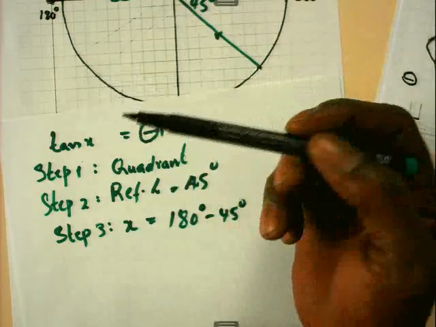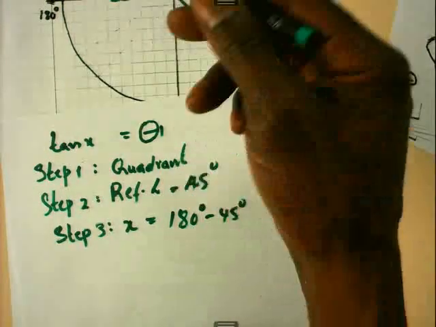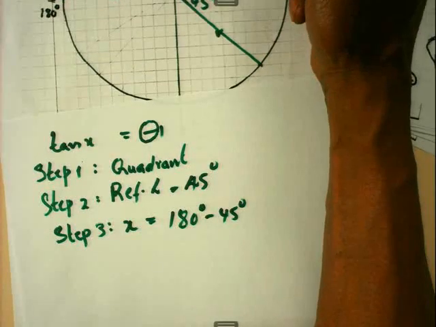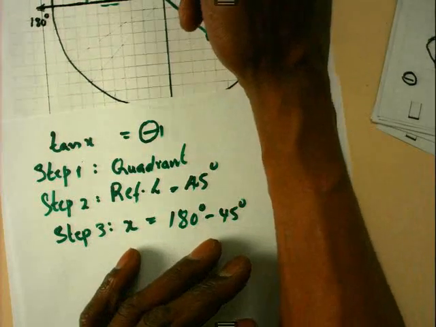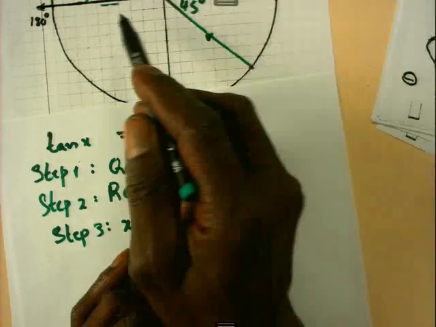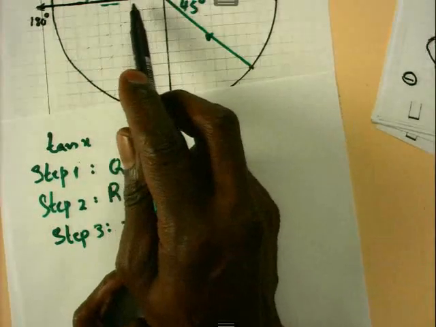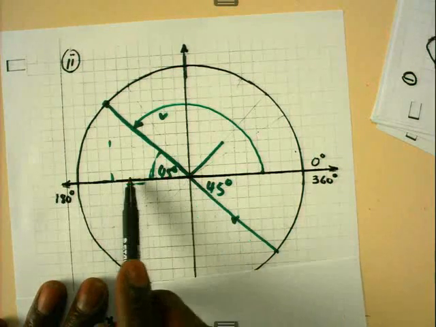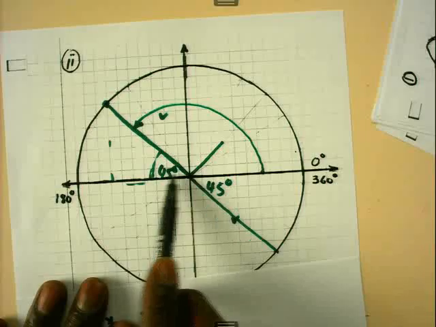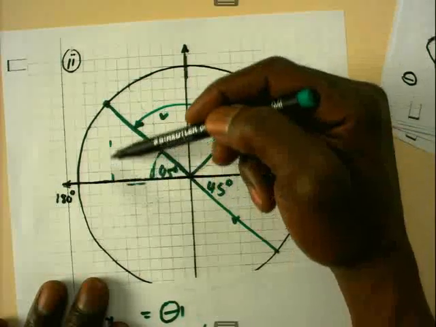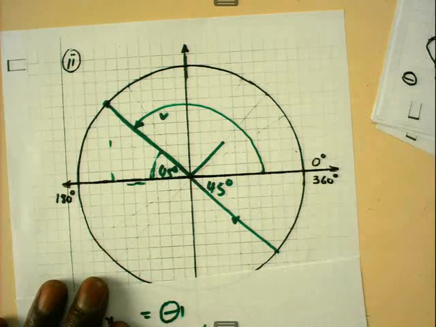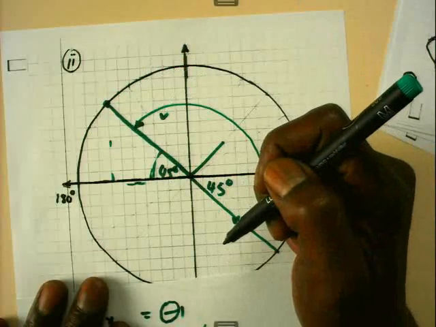What makes tan negative in the second quadrant is that the opposite side corresponds to the y values, which are positive, and the adjacent side corresponds to the negative x value. So a positive value divided by a negative value will give you a negative value, which makes tan negative in the second quadrant.